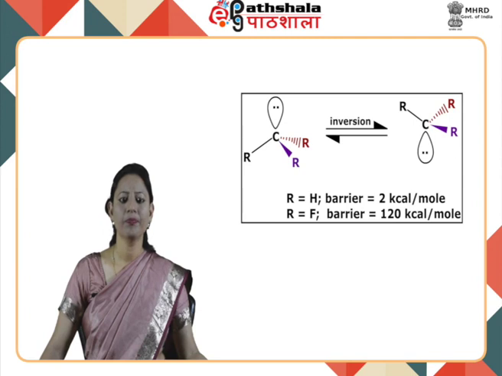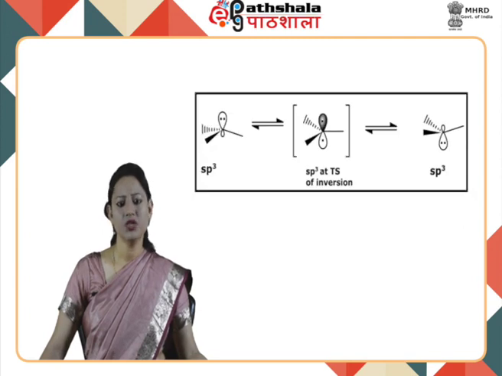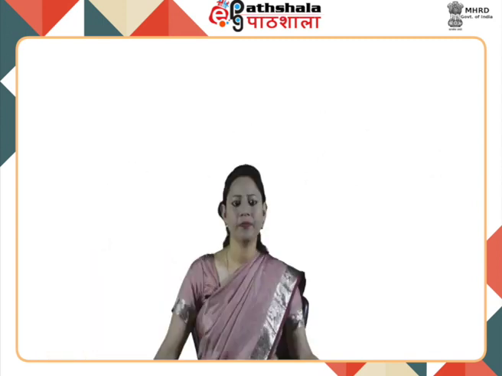The negatively charged saturated carbon atom is sp3 hybridized in the case of a carbanion. The lone pair of electrons occupies one of the sp3 hybrid orbitals.